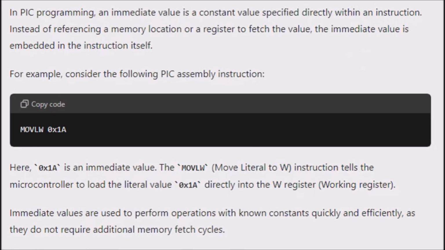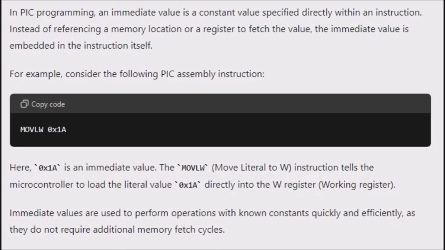So in PIC programming, an immediate value is a constant value specified directly within an instruction. Instead of referencing a memory location or a register to fetch the value, the immediate value is embedded in the instruction itself.